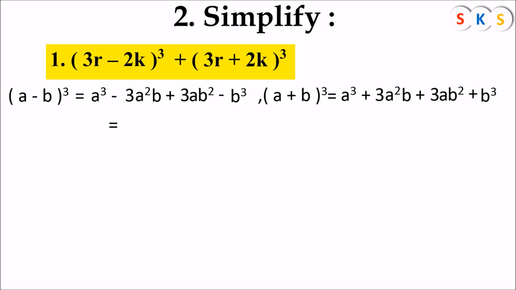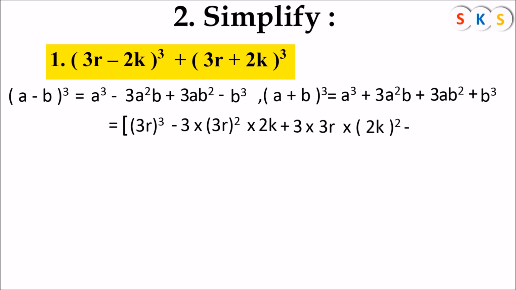So a cube, that is 3r the whole cube, minus 3 into a square, that is 3r the whole square, into b, that is 2k, plus 3ab square, 3 into a, what is a? 3r, into b square, what is b? 2k, 2k the whole square, minus b raised to 3, that is 2k the whole cube.